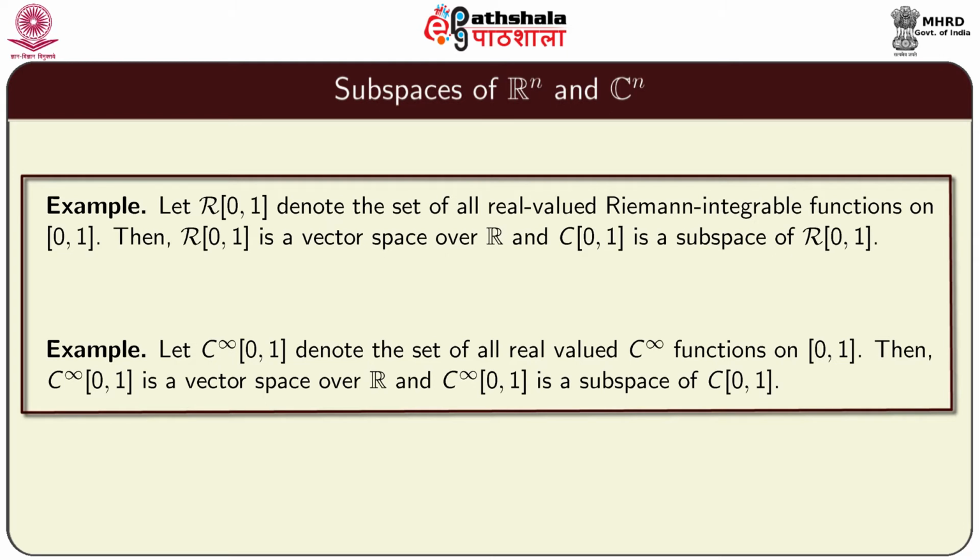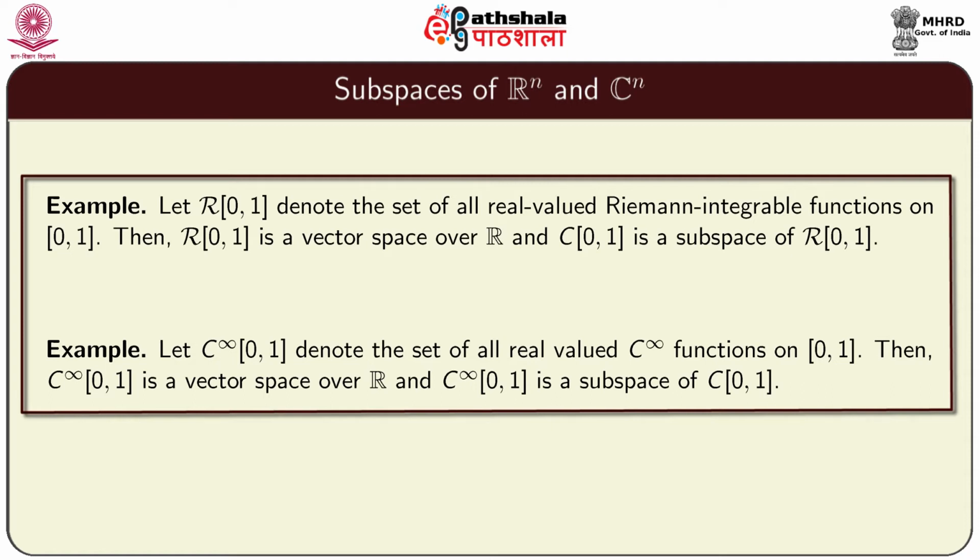The next example is about C infinity [0,1], which stands for the collection of all real valued C infinity functions on [0,1], that is the collection of all infinitely differentiable functions on the interval [0,1], the functions are real valued.